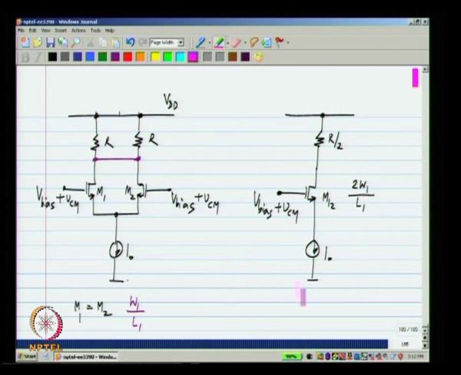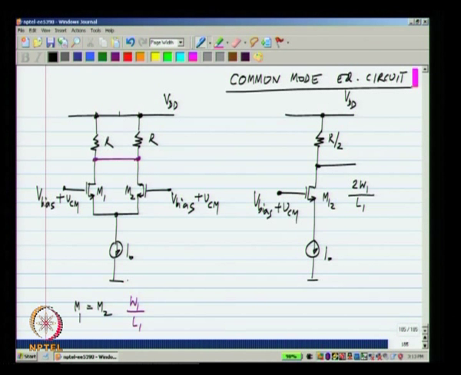So, the number of components in the new circuit will be a little more than half of the original circuit. So, that means a corresponding simplification in analysis, okay, which we are going to exploit, and this is known as the common mode equivalent circuit. Okay.